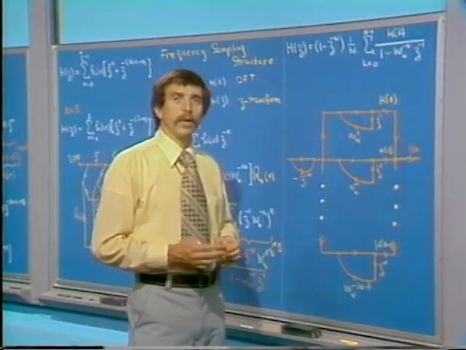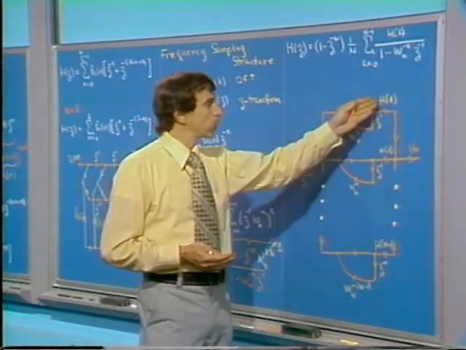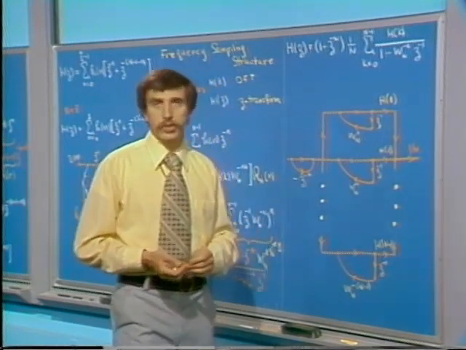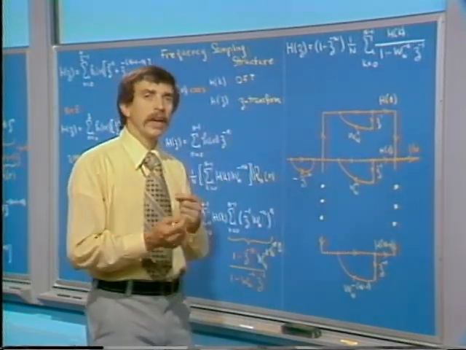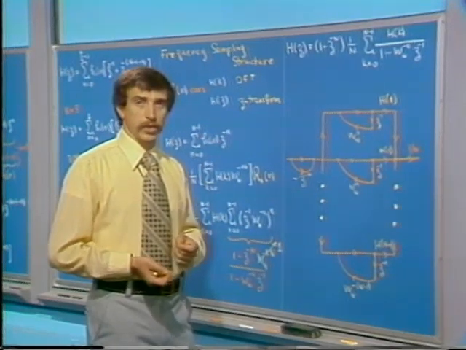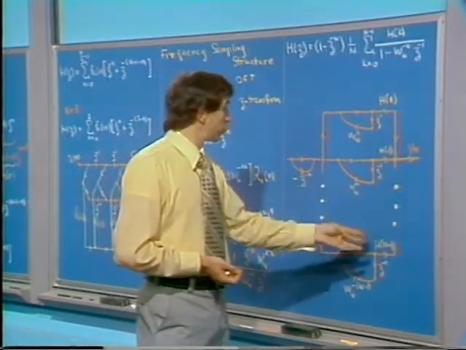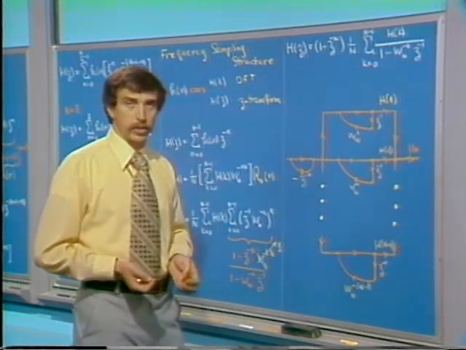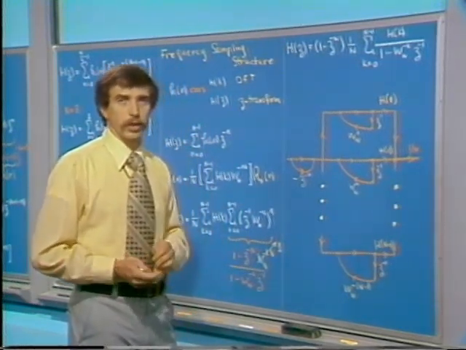So in that situation where perhaps a large number of frequency samples are zero, the number of multiplications involved in implementing the system, and in fact, the number of delays involved in implementing the system might be significantly reduced.